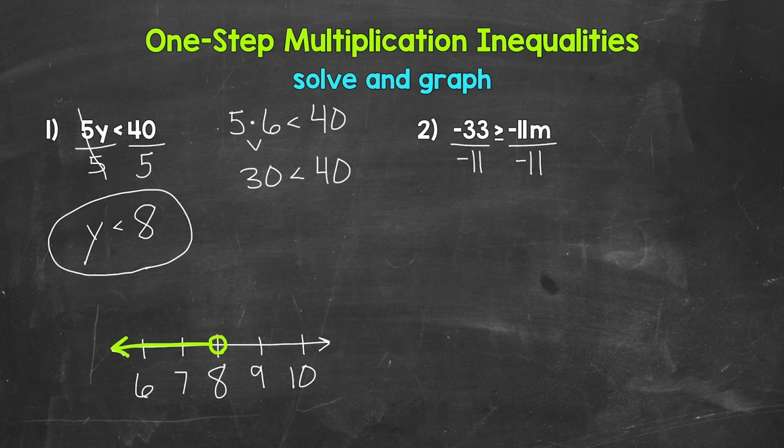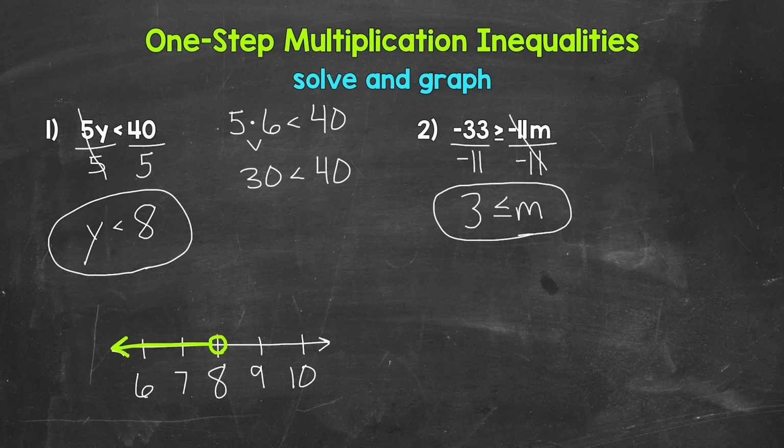It changes direction. So as far as the right side, these negative 11s cancel each other out. M is now isolated. The inequality symbol flips. And then on the left side, negative 33 divided by negative 11 gives us 3. So m is greater than or equal to 3.